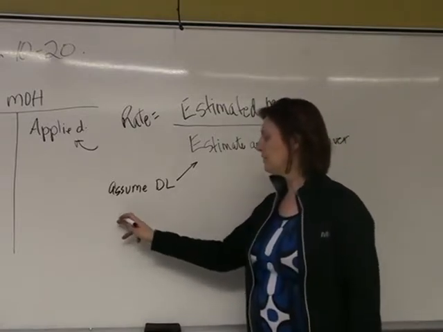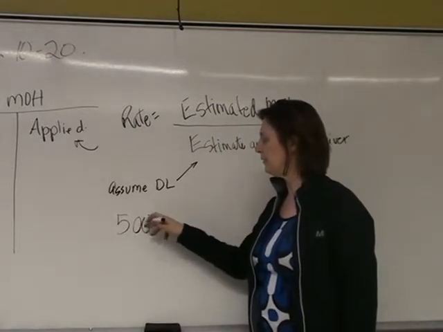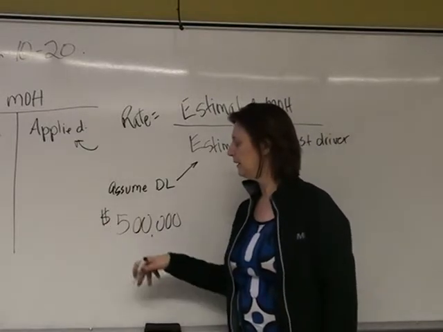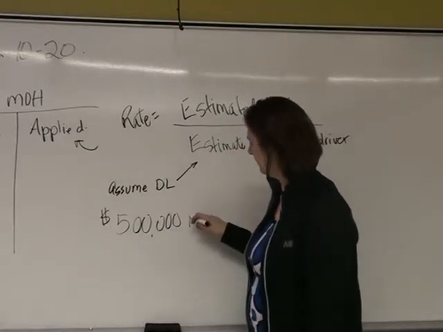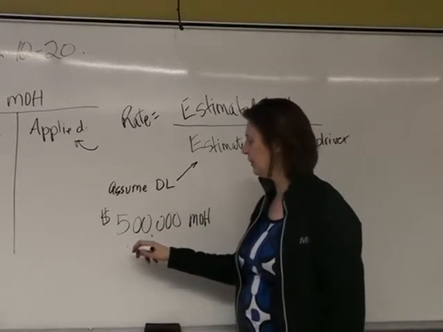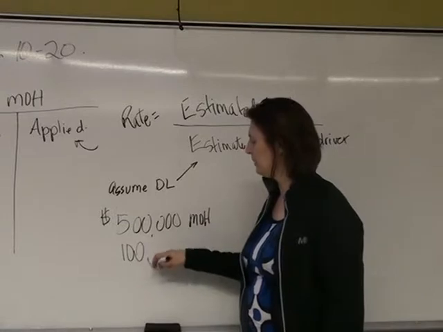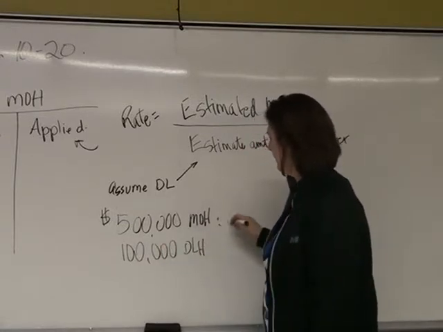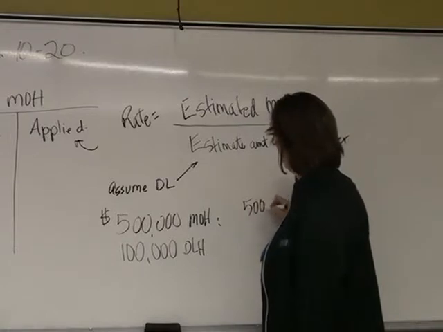So if we assume we're going to generate $500,000 of overhead, and we assume that we're going to have 100,000 hours of direct labor, then that gives us $5, right?